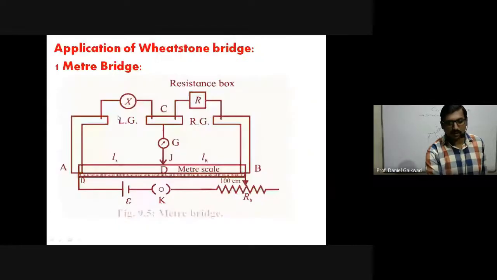Check carefully once again the diagram. X, R, and the wire having segment Lx with a certain resistance, and segment Lr having a certain resistance.